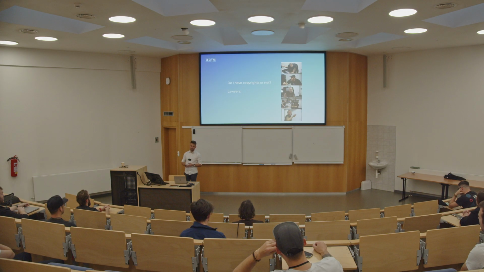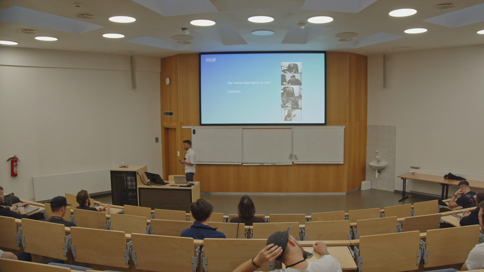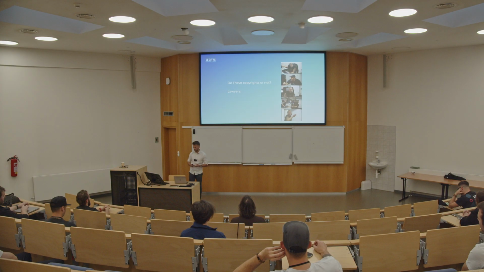But there's also another big group of lawyers who say, even though you will play with the code, it was still created by artificial intelligence. Therefore, there is no human behind that work, so it cannot be a copyright work.